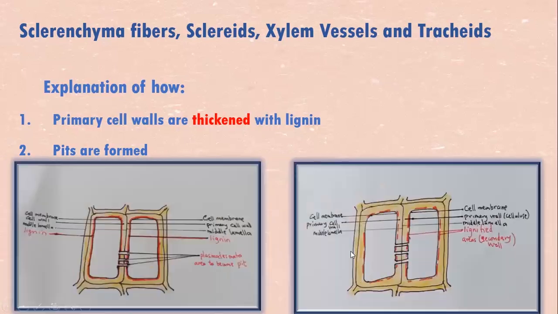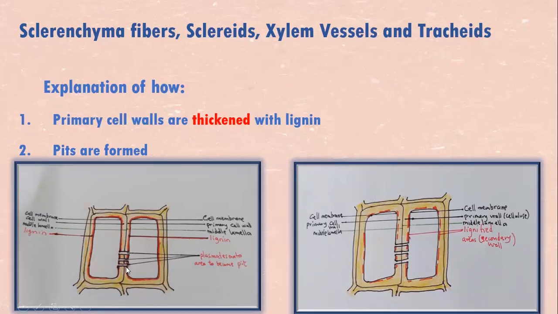Good. Now, we want to say that in the laying of lignin to form pits and to form sclerenchyma tissue, in fibers, the lignin is laid all around, thick around the cell, except where the plasmodesmata are. All right? It's laid all around.